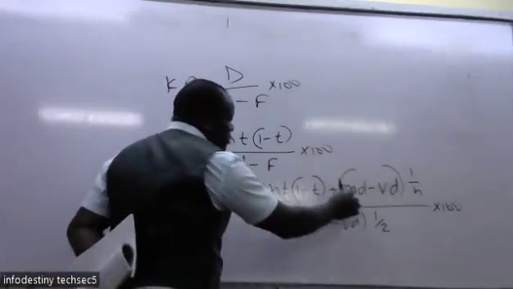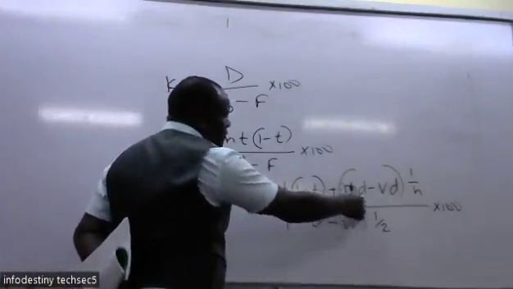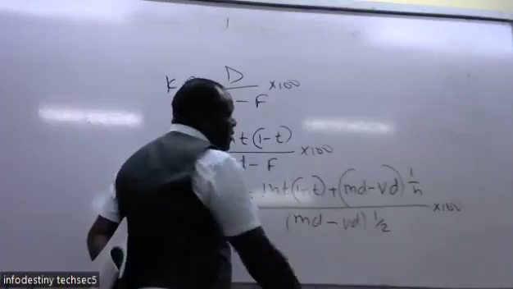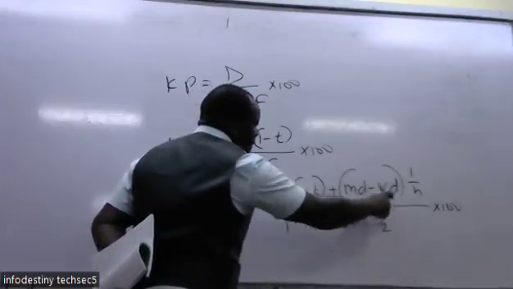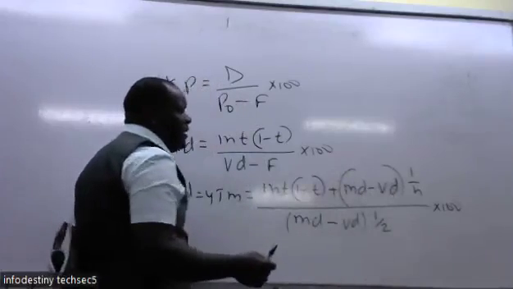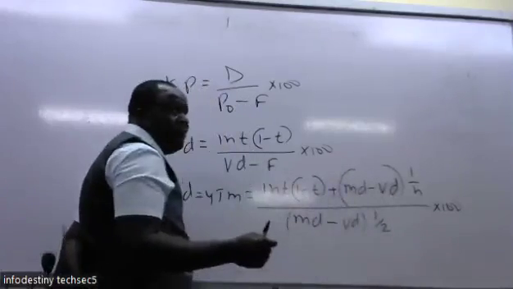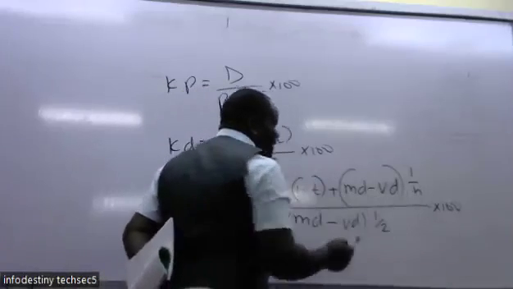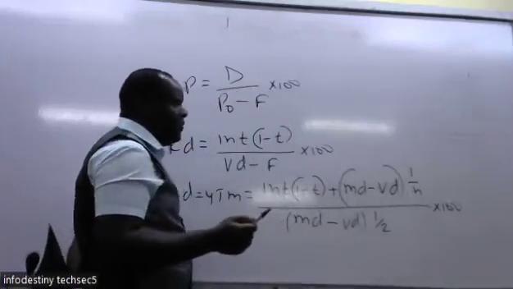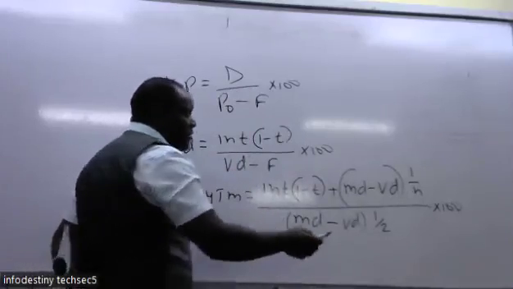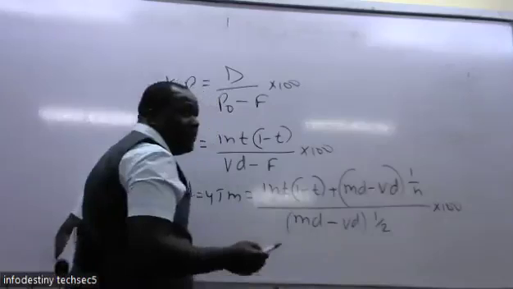This is the maturity value of the debenture, this is the current value of the debenture, and n is the maturity period.